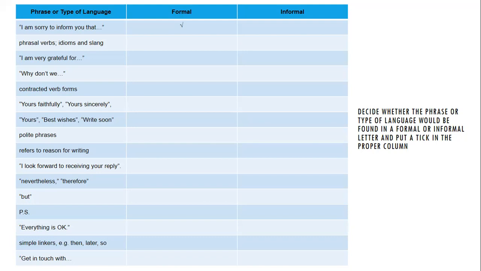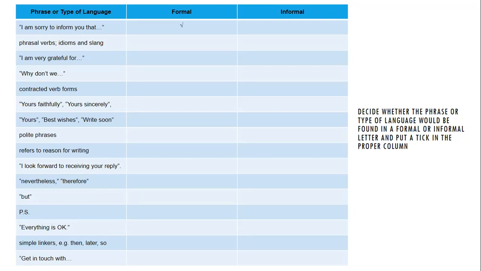Sinyalnya jelek banget. Yes. PS means postscript.